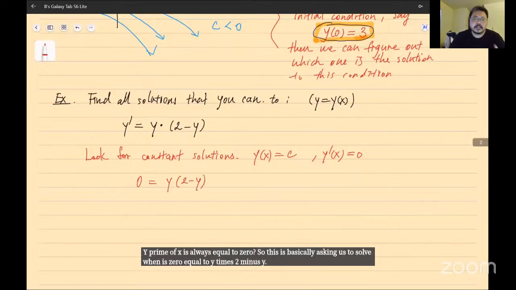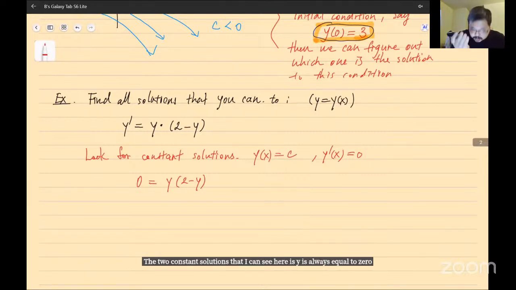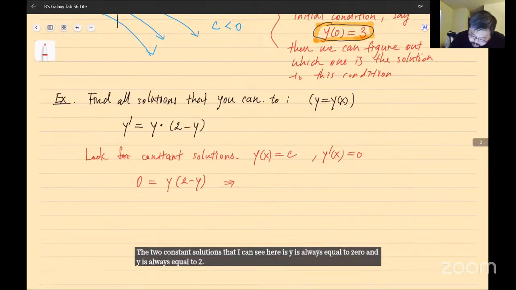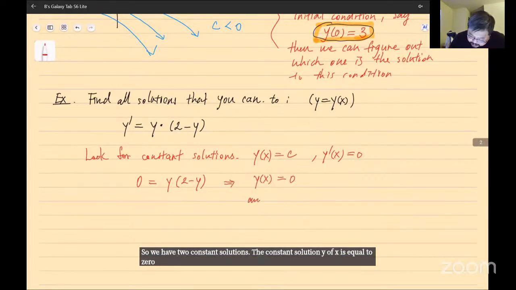Do you see there are several constant solutions in this case? The two constant solutions that I can see here are y is always equal to 0 and y is always equal to 2. The constant solution y of x equals 0, and the constant solution y of x equals 2.